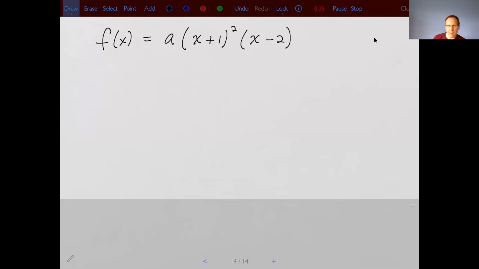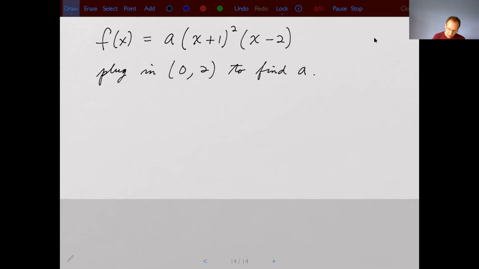The only thing we need to figure out is the a. So to do that, we're going to plug in a point, but it can't be one of the roots, right? One of the horizontal intercepts. So we're going to use the vertical intercept, which was the point 0, 2. So we're going to plug in the vertical intercept 0, 2 to find a.